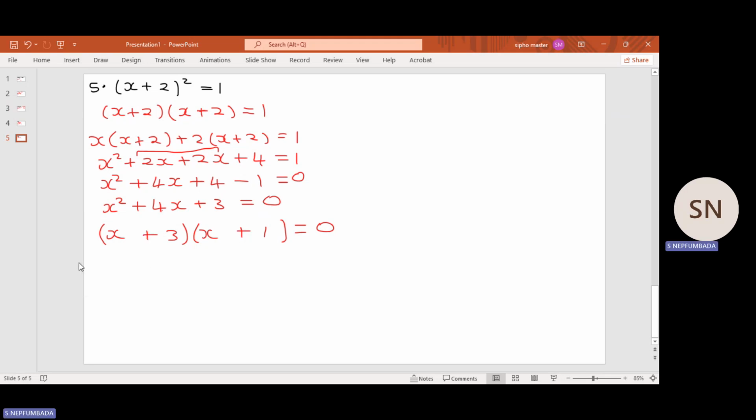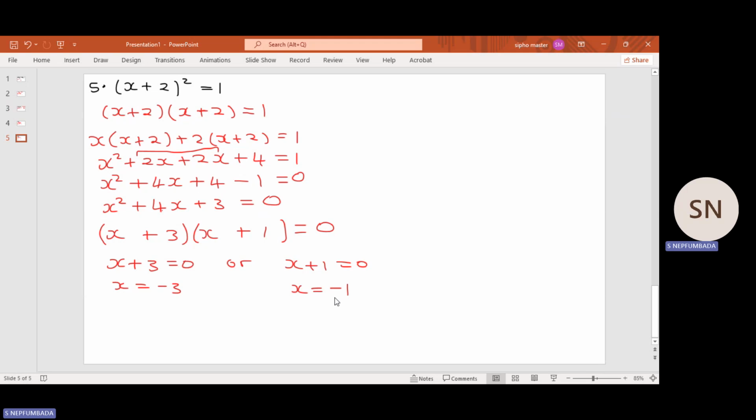This takes us back to the rule that if a times b equals 0, it means x plus 3 is equal to 0, or x plus 1 is equal to 0. Therefore, x is equal to minus 3, or x is equal to minus 1.